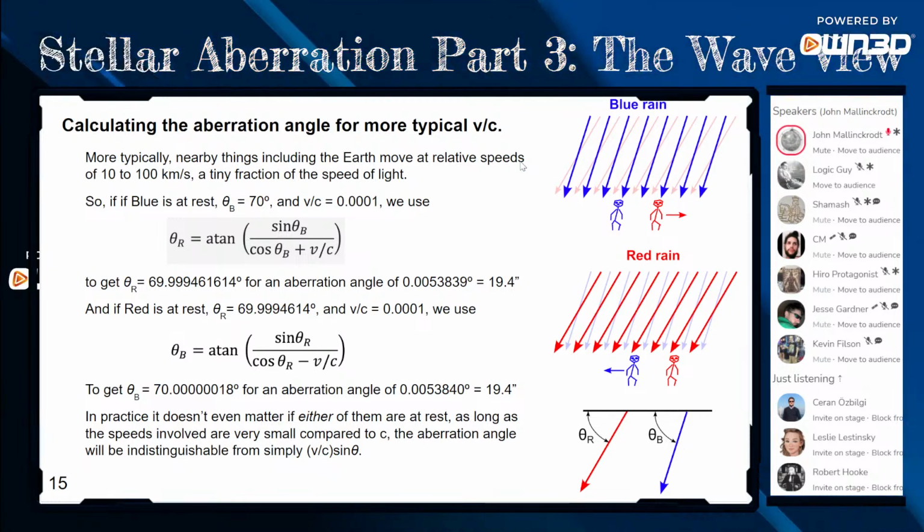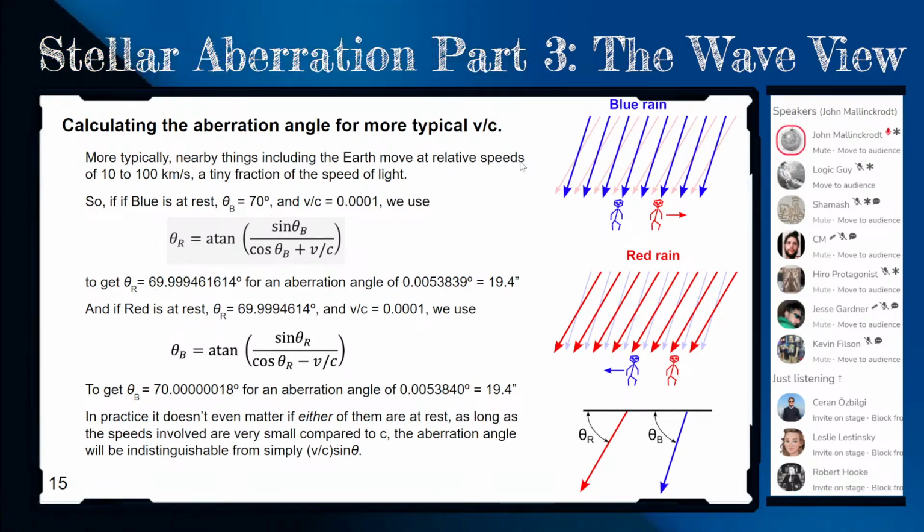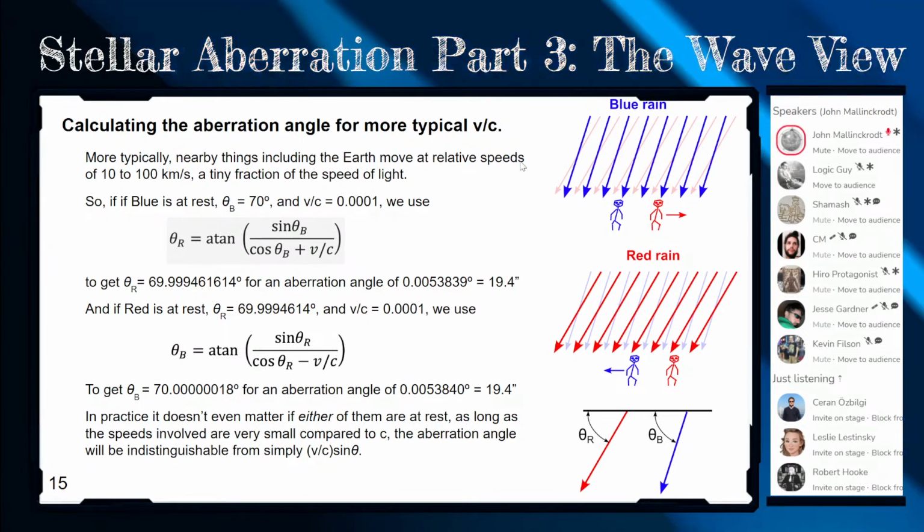So let's take that then and use as a number a V over C of 1/10,000th. Start with the same angle. Suppose the angle that blue sees is 70 degrees, but now let V over C be 1/10,000th, 0.0001.